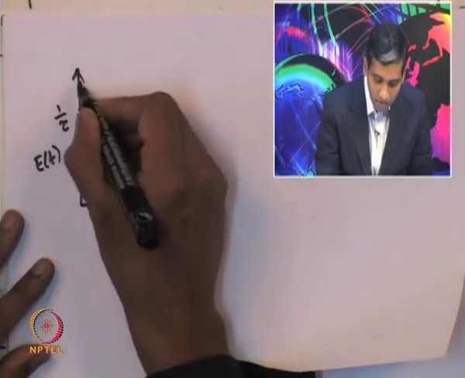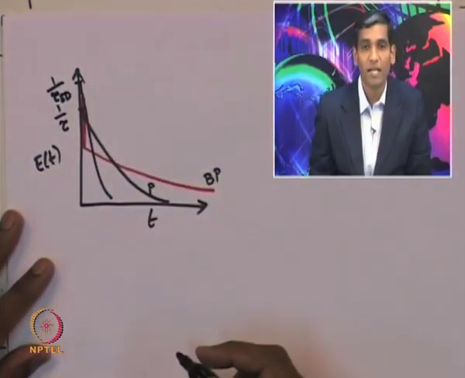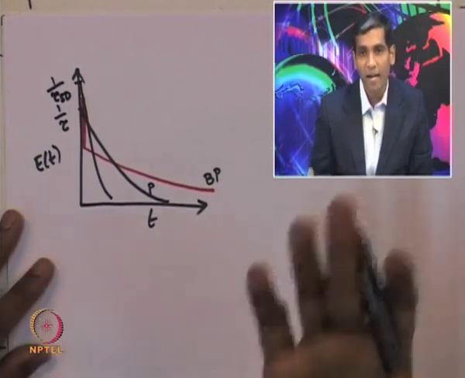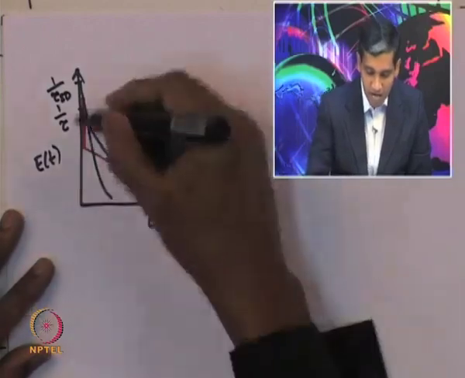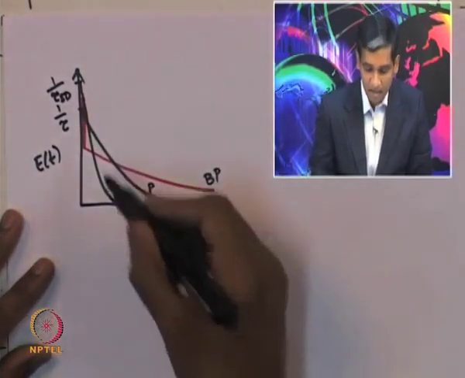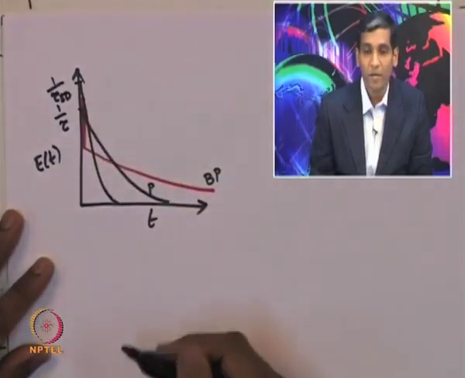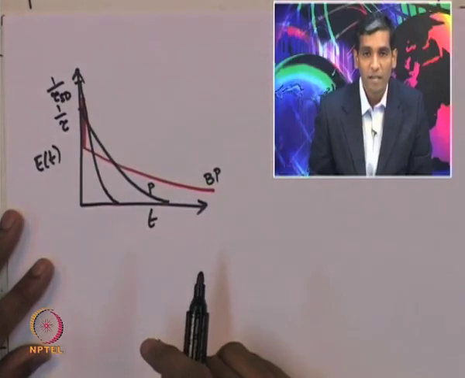So, this starts at 1 by tau_sd, and we said that tau_sd is smaller than tau, and therefore 1 by tau_sd is going to be larger than 1 by tau. Then it starts from here, and the decay is faster than that of the perfect operation, because tau_sd is smaller than the space time of the reactor.